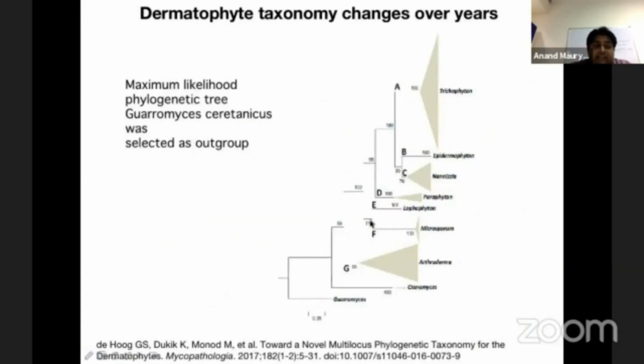In this, you can see the maximum likelihood phylogenetic tree, generally based on the ITS region and the partial LSU. These are the sequences of the Trichophyton species. Using GTR+G as a model with 1000 bootstrap replications shows more than 70% support, and Microsporum species was selected as the outgroup.